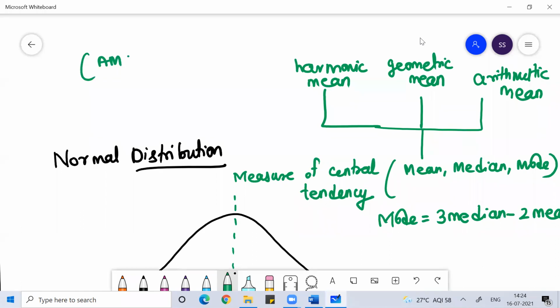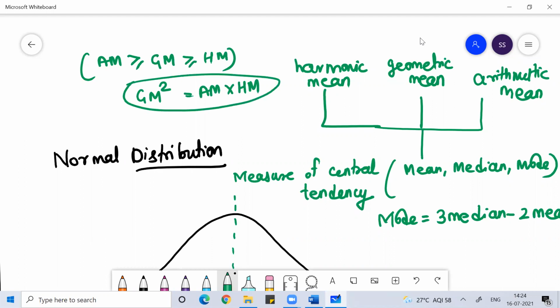Remember the relation that arithmetic mean is greater than or equal to geometric mean, which is greater than or equal to harmonic mean. Also remember that the square of geometric mean is equal to arithmetic mean into harmonic mean.